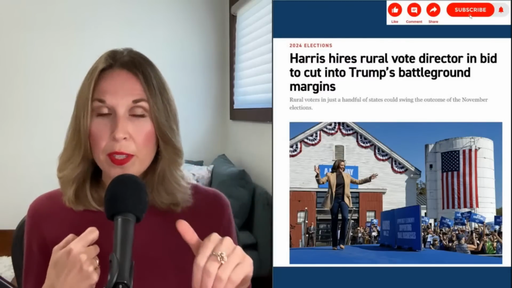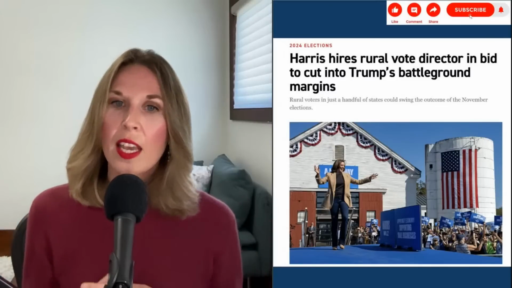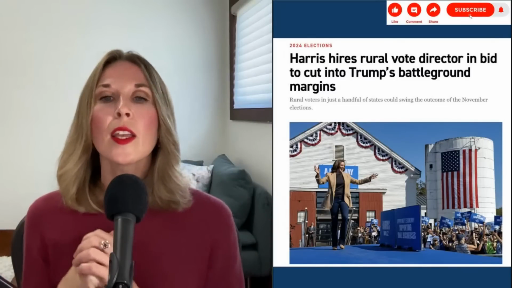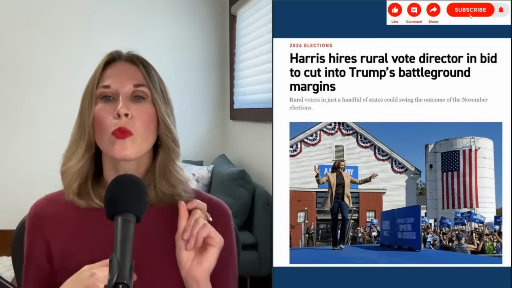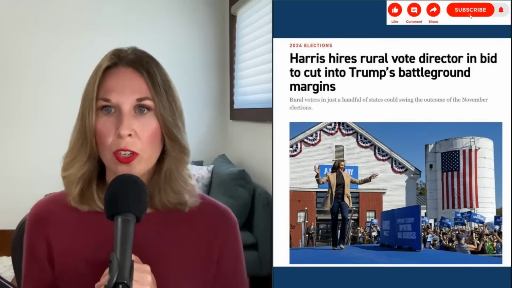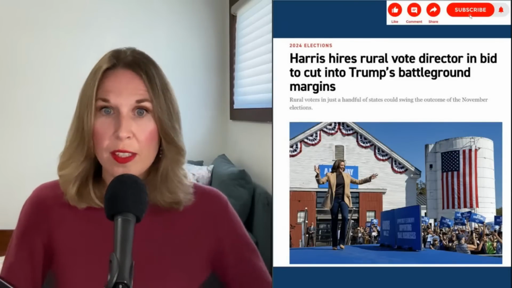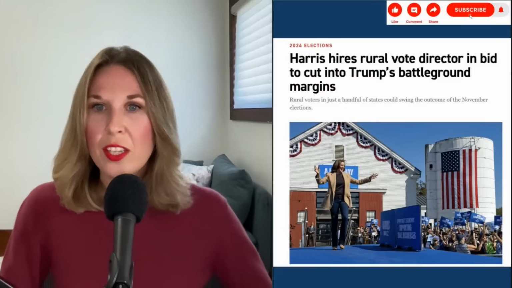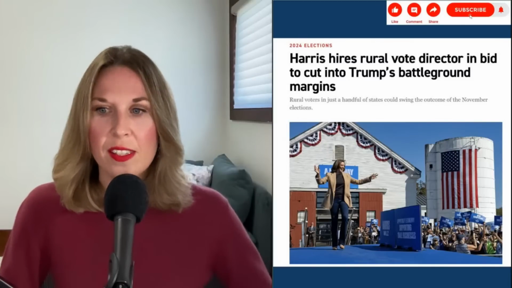Tonight, September 10th, there is a presidential debate, and the election is in November. Harris hires rural vote director in bid to cut into Trump's battleground margins. Rural voters in just a handful of states could swing the outcome of the November elections.